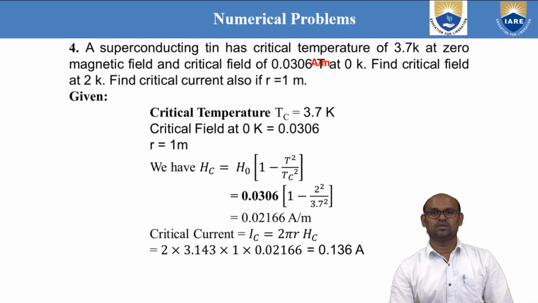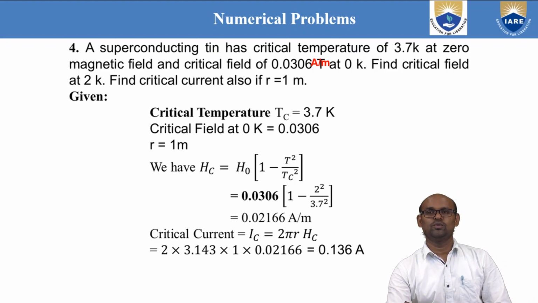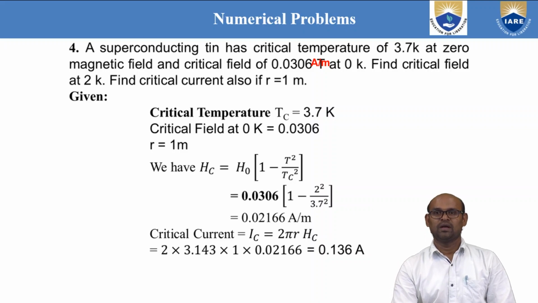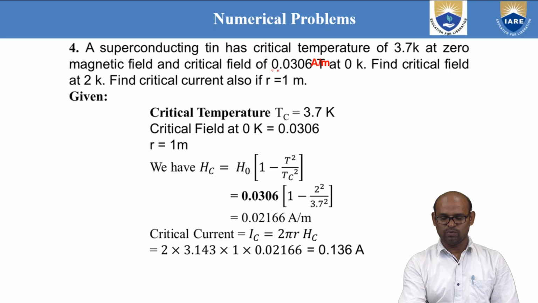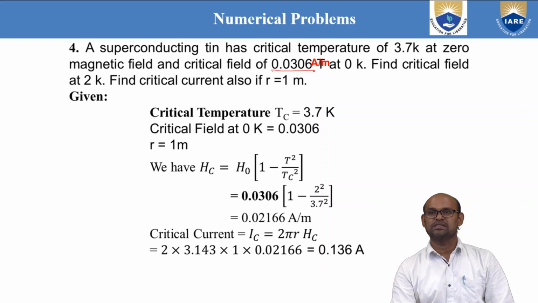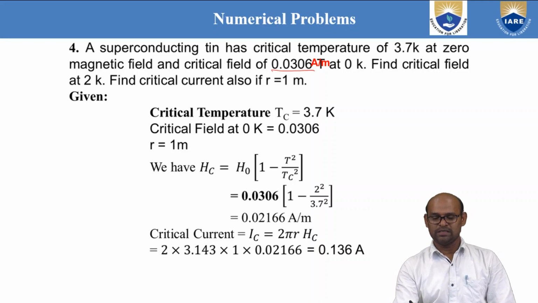Going into the fourth problem. The fourth numerical problem is that a superconducting tin has critical temperature of 3.7 at 0 magnetic field, and critical field is around 0.0306 amperes per meter at 0 Kelvin.